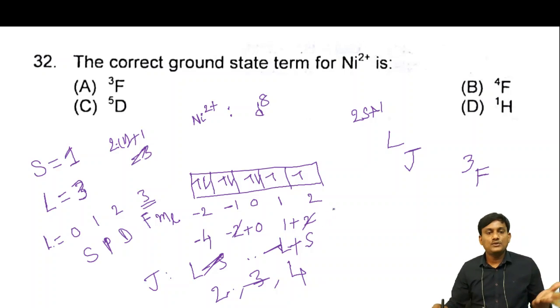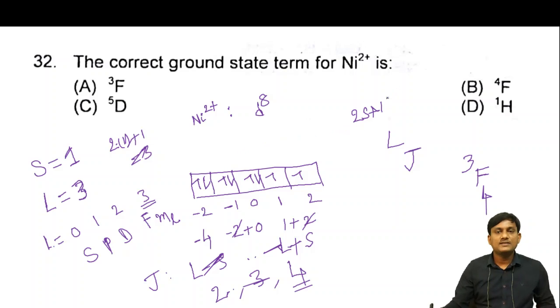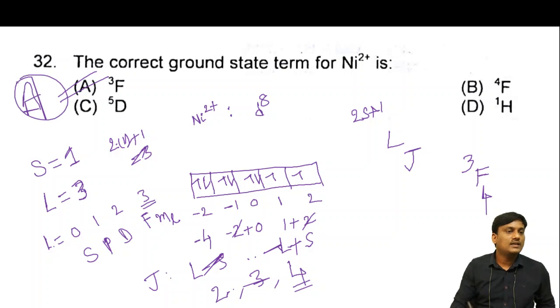For more than half-filled, you have to take the maximum J value, that is 4. This is the ground state term symbol. So what is the answer? 3F4. Here 3F is the correct option, so A is the correct option.